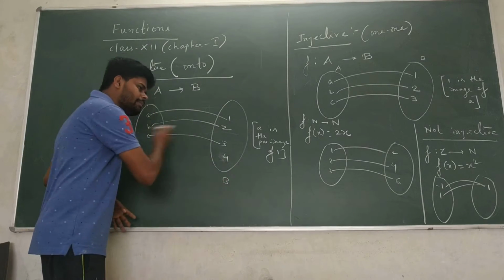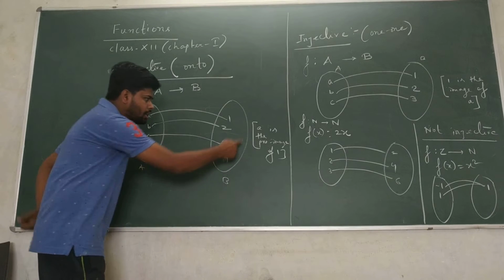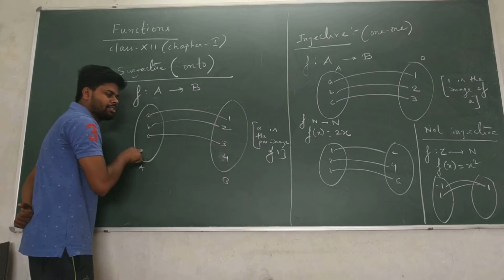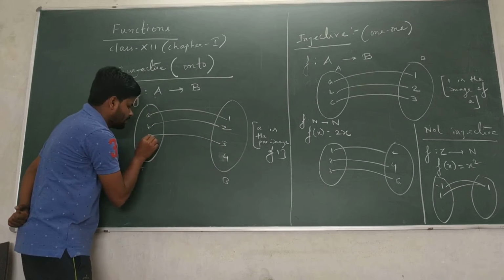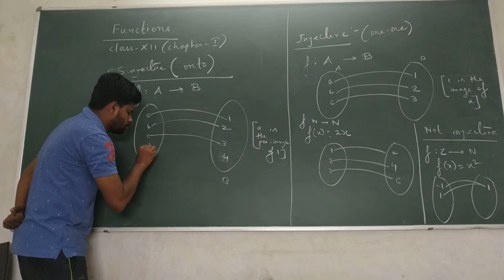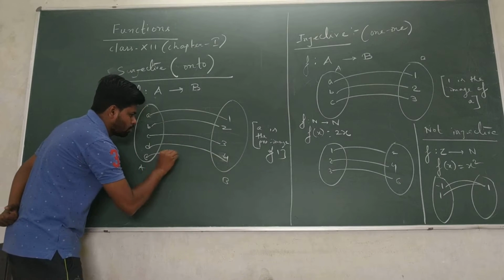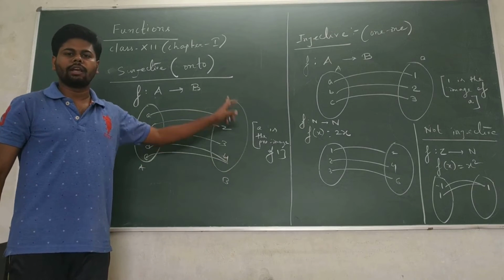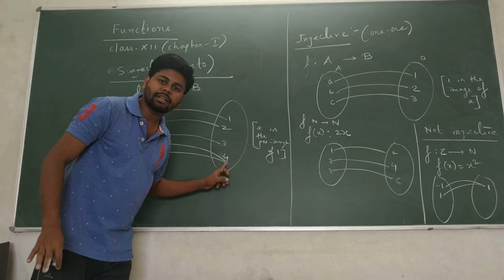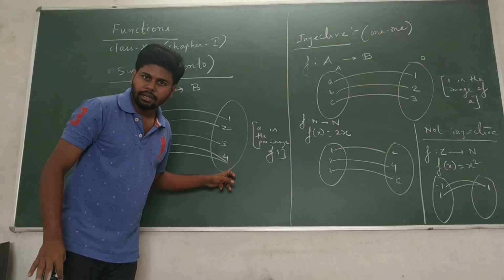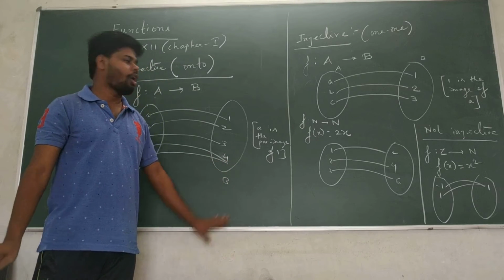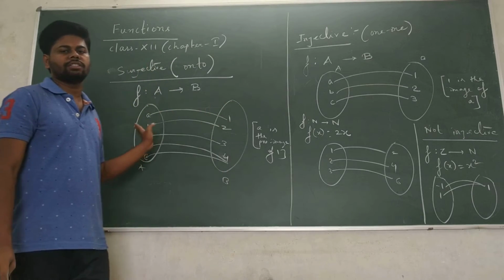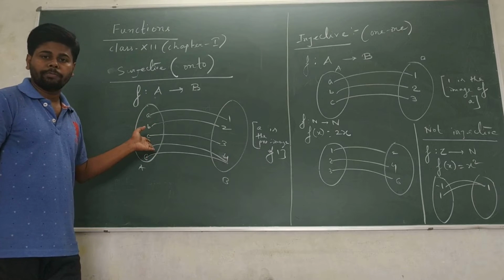If all the elements here are having a pre-image, say this D is also going to 4, E is also going to 4, no problem, because none of the elements are left out. If any one element is left out, then it is not surjective. All the elements must have a pre-image in the set A. Correct?